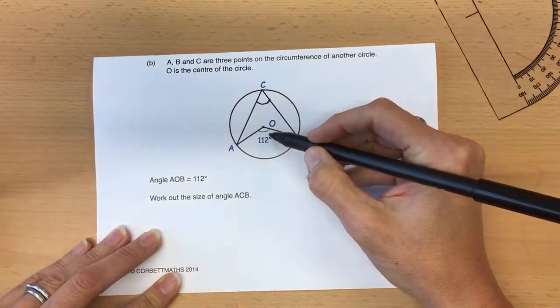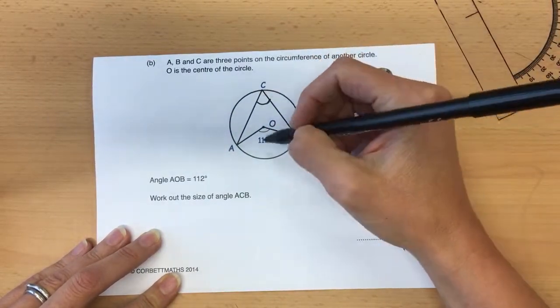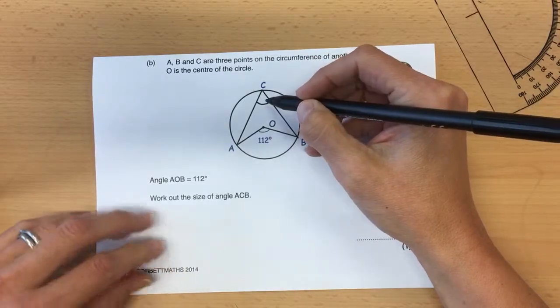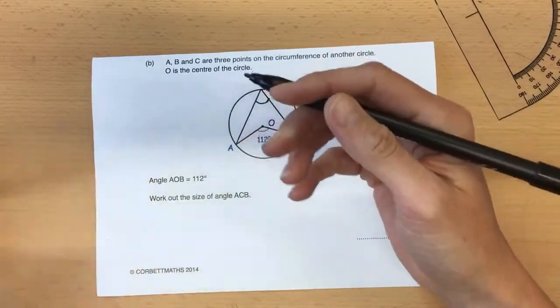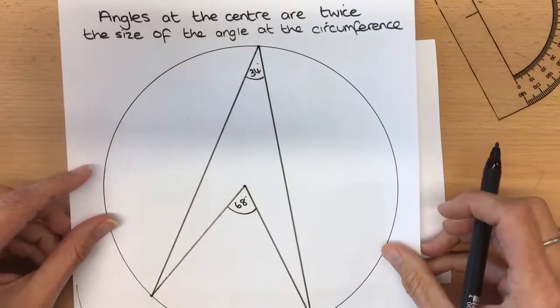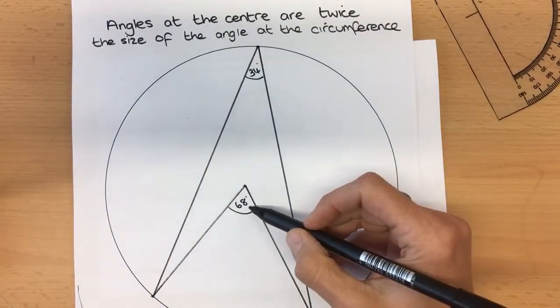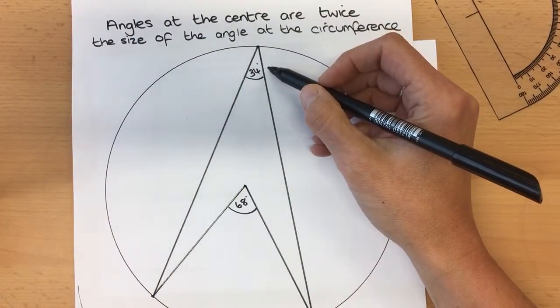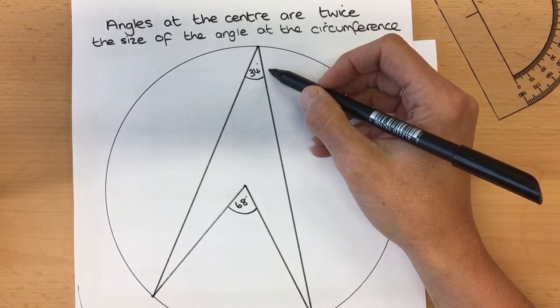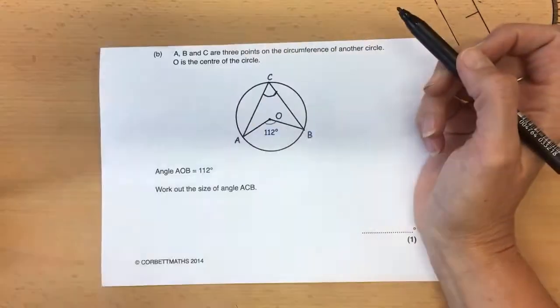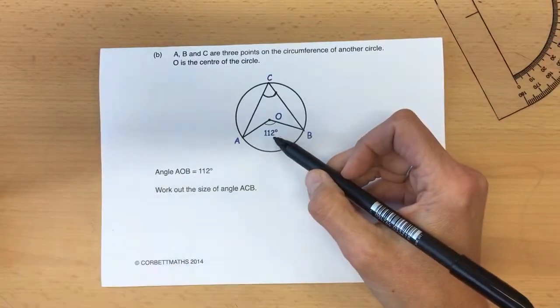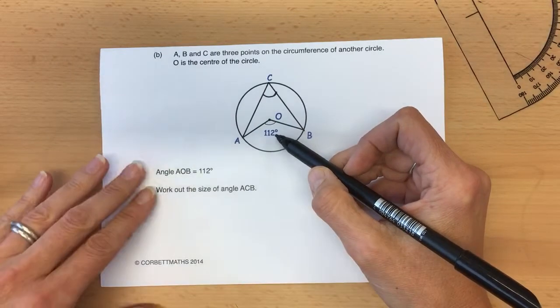So we've been given the angle at the center, and we want the angle at the circumference. Now what we've just learned is that the angle at the center is double the angle at the circumference. So we know that we just need to halve this value.